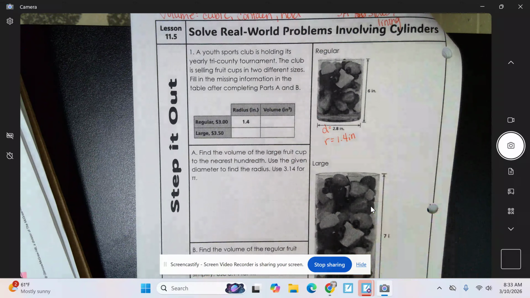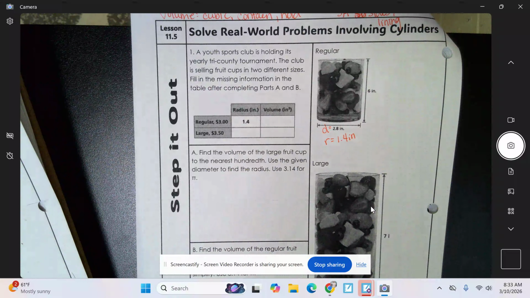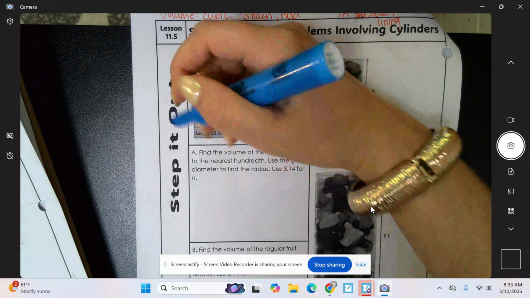We're still going to use our highlighters, so I hope you haven't put your highlighters up. We're still going to be highlighting what the question is asking. So it says, find the volume of the large fruit cup to the nearest hundredth. Use the given diameter to find the radius. Use 3.14. So what is the question asking us to find? It's pretty straightforward.